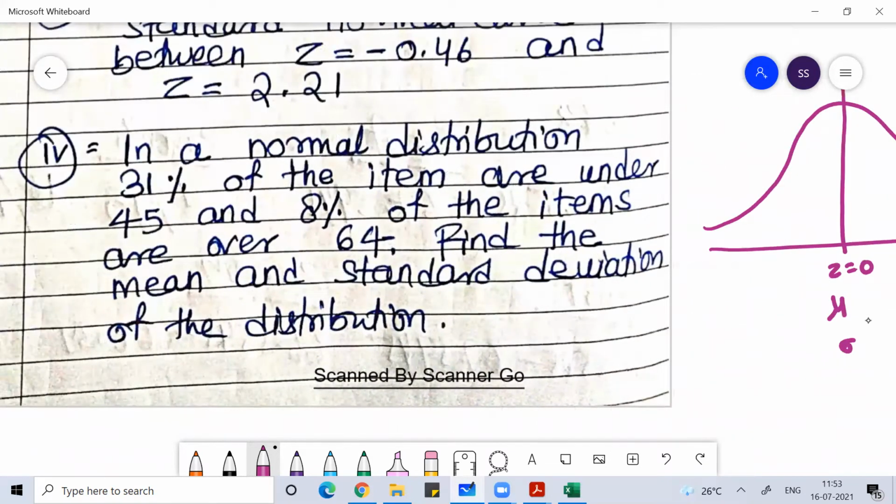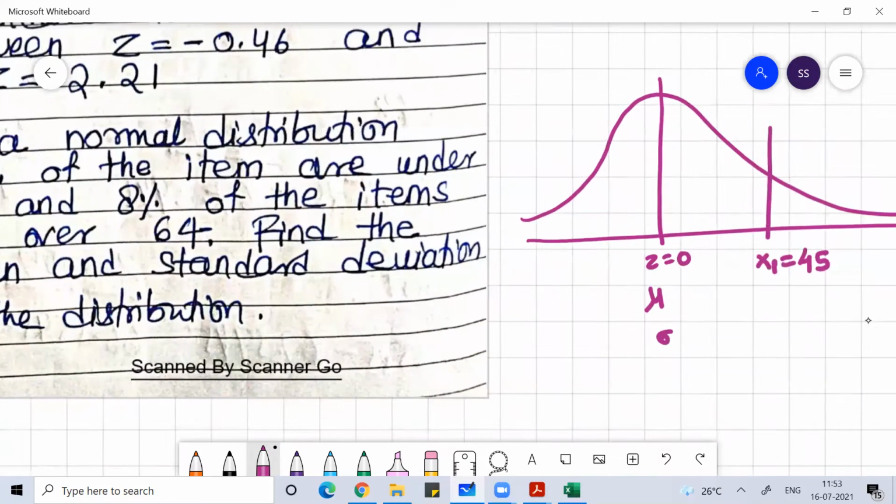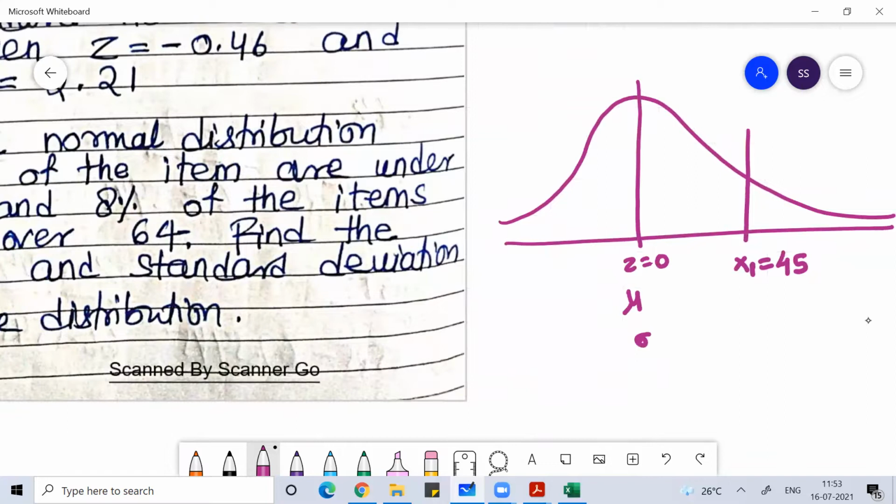It is given in a normal distribution that 31% of the items are under 45.